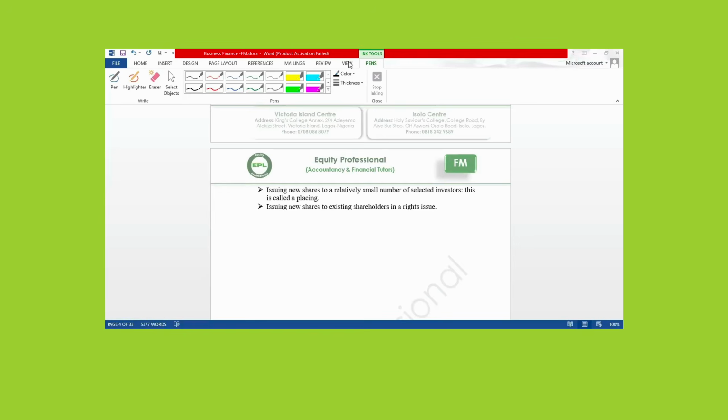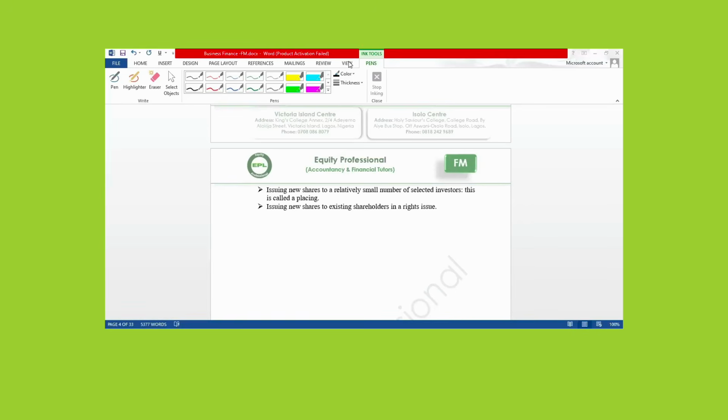But under private placing, the new shares will be in the hands of few investors. These investors are called institutional investors. That is number two method.